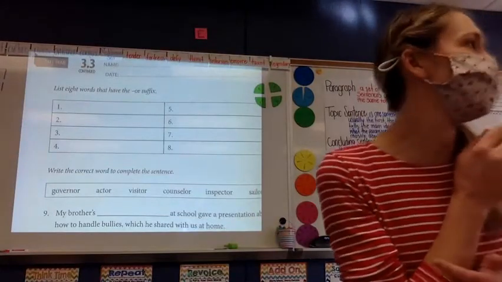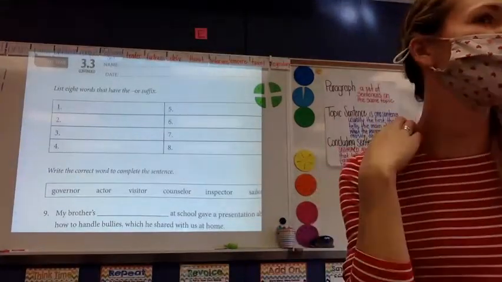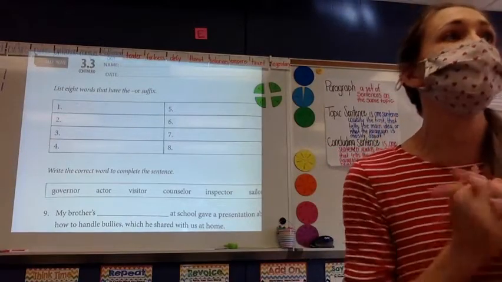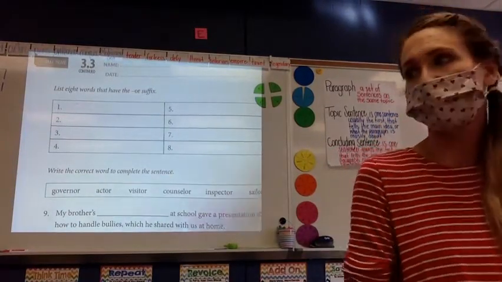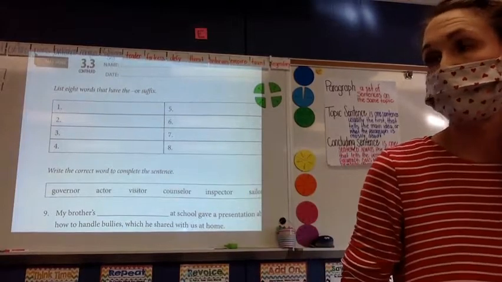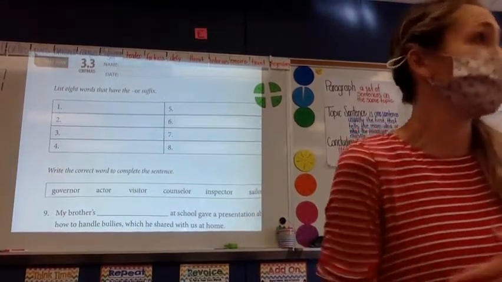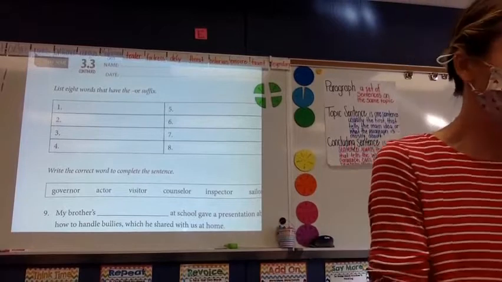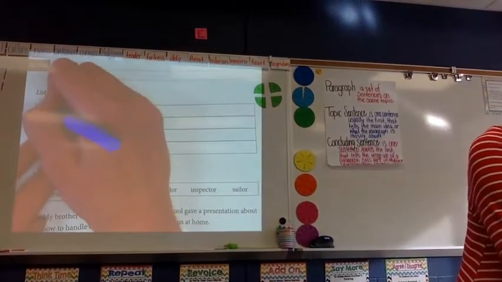Did you feel like you had a harder time with this one? Yes. I would say there are some different ones. What are some of them that you came up with that you're pretty confident are the OR at the end? Yes. Protector. A protector. That's a great one. A protector is going to be someone who protects. You can write that one down.